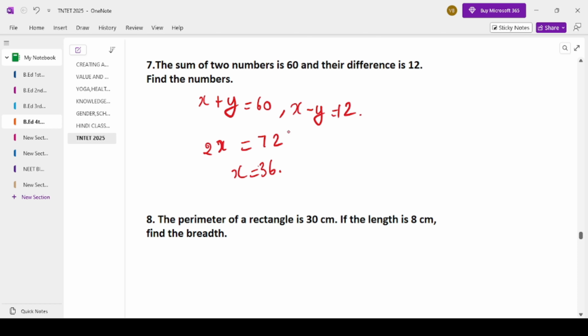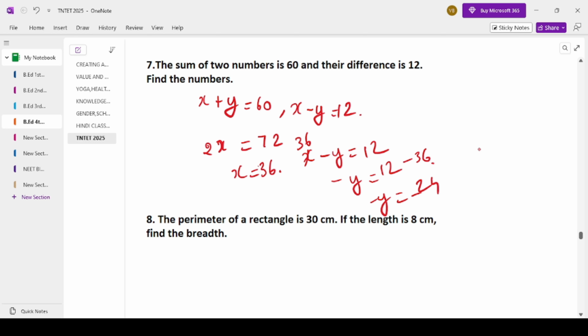So they have asked to find the numbers. In the sum of two numbers, we have found x. To find y, if you substitute in any one equation, you will get y. So if you substitute in this, what will you get? Let's substitute in x minus y is equal to 12. Instead of x, if you substitute 36 minus y is equal to 12, so 12 minus 36 gives you minus 24, right? Since x is the bigger number, the minus comes here, the minus cancels.